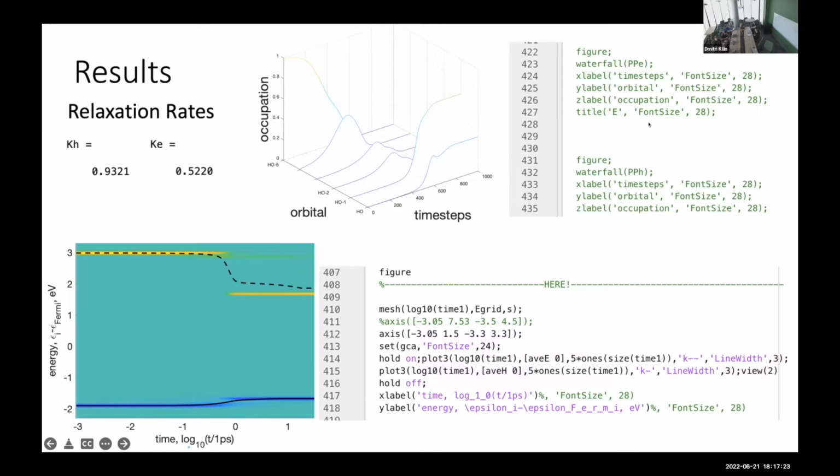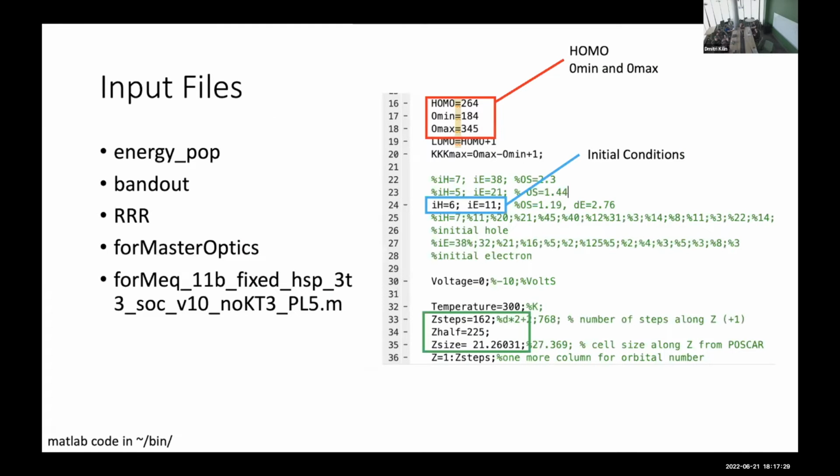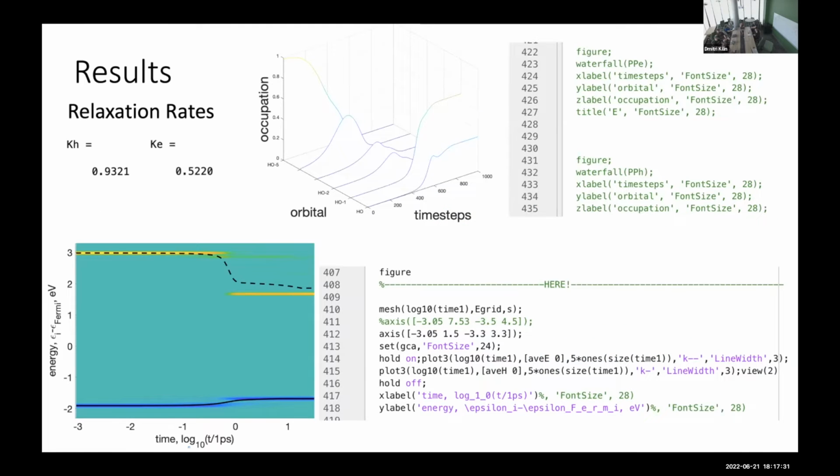I included the code that generates both the hole and the electron graph, although I'm only showing the hole graph. The major thing is this waterfall, which is describing the type of graph that it makes, and then the PPE or PPH, which is the population of the hole or electron, which was discussed a couple talks ago.